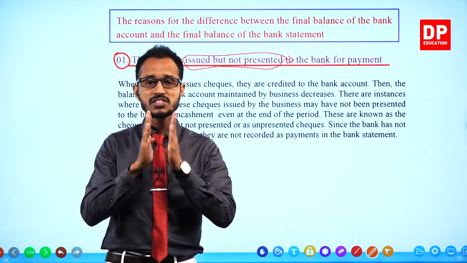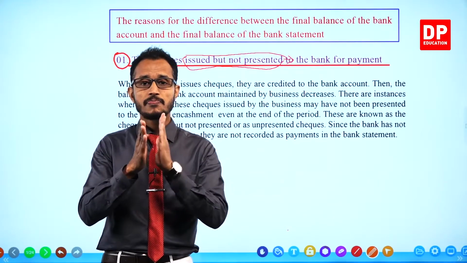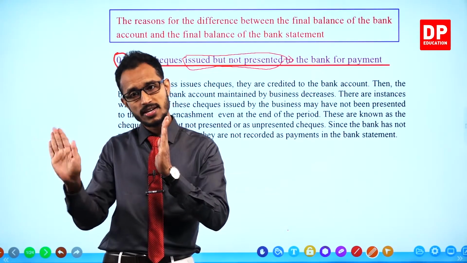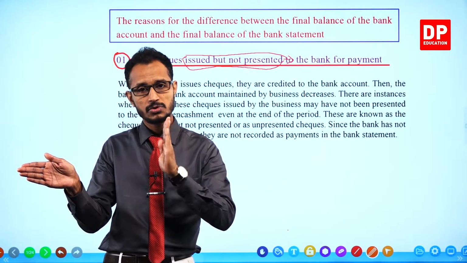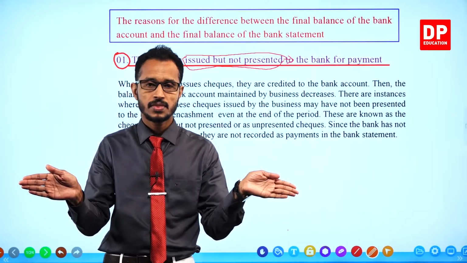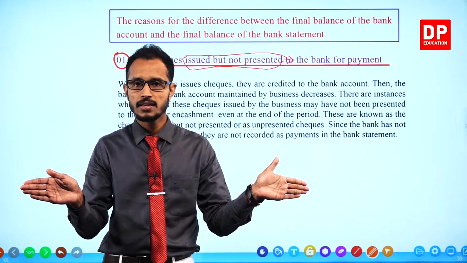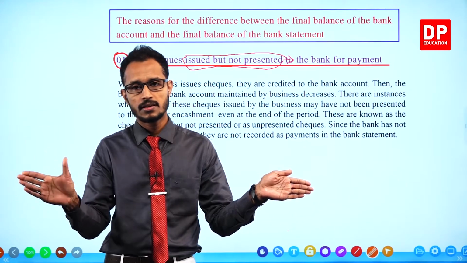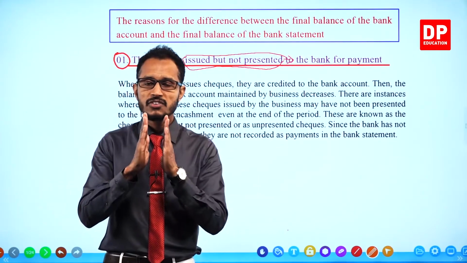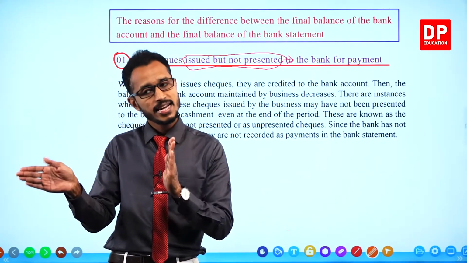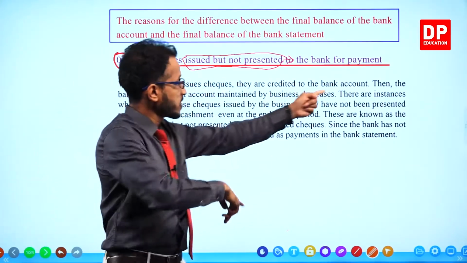This is the gesture I'm always giving you: this hand for credits, and this hand for debits. So if our bank account is credited, that entry is correct.